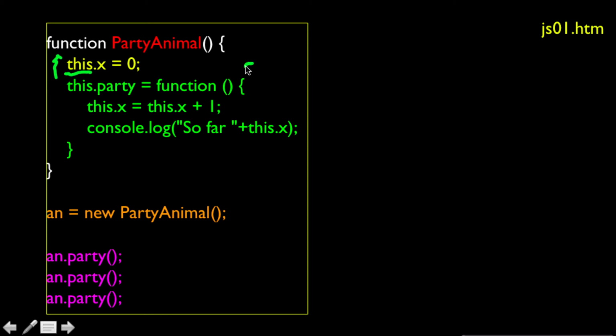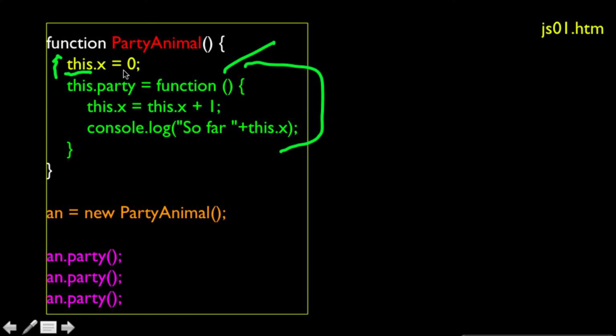And this next bit is the tricky part and the cool part, both tricky and cool. We're going to say this.party, which is a member variable, is an anonymous function. So you see this function, but with no name, that's an anonymous function. Currently takes no parameters. And then this is the code. We can look at this.x equals this.x plus 1. That's the same variable. And put out a console log message.